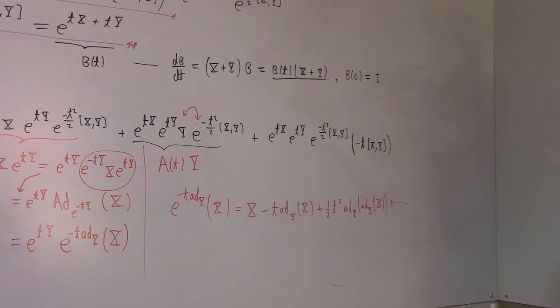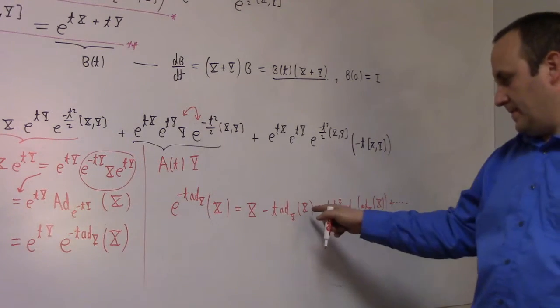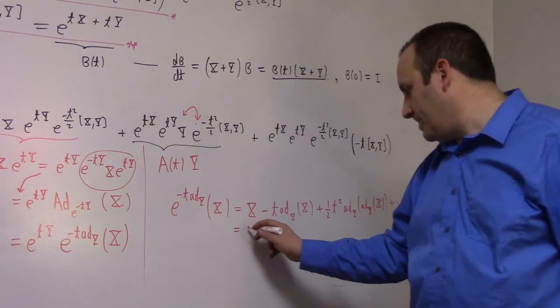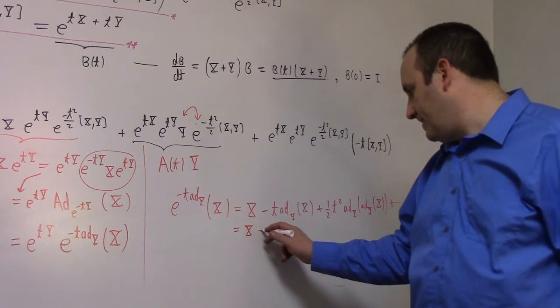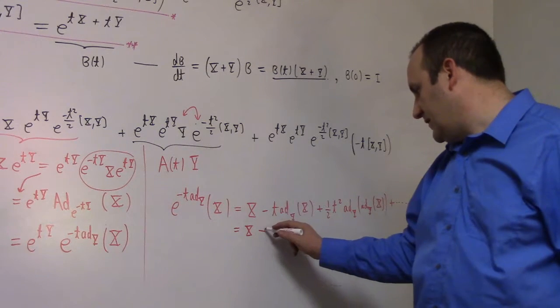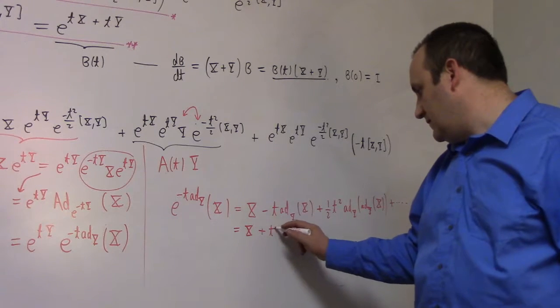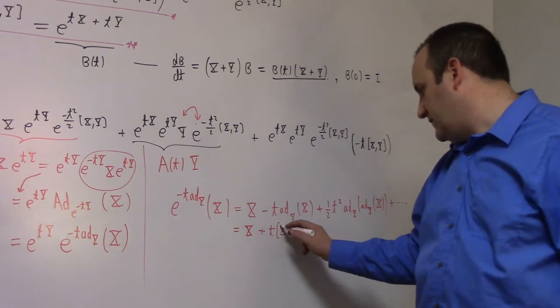Now what is that though? I could write this as plus t times the commutator xy if I wanted, just to flip the commutator.